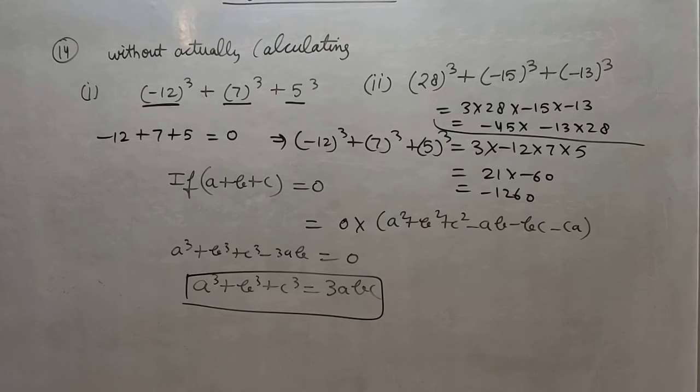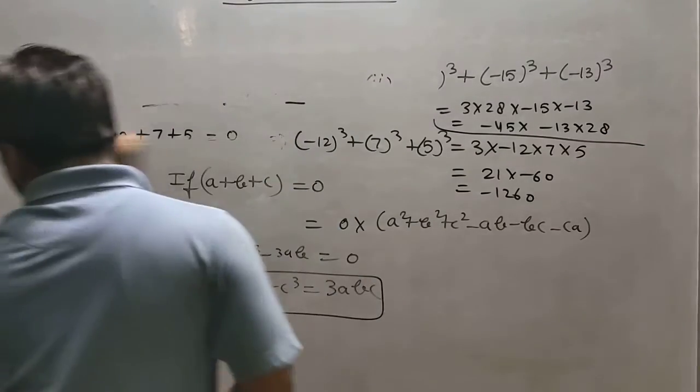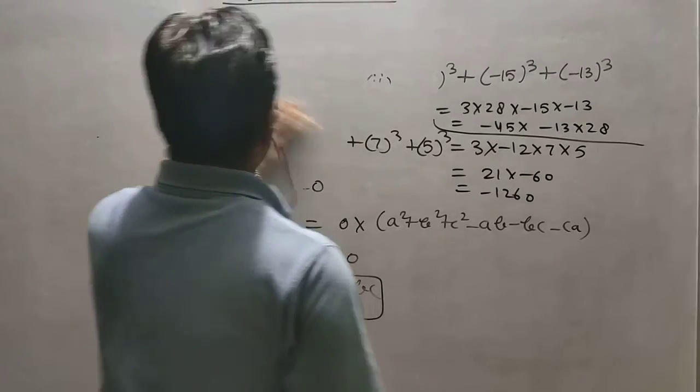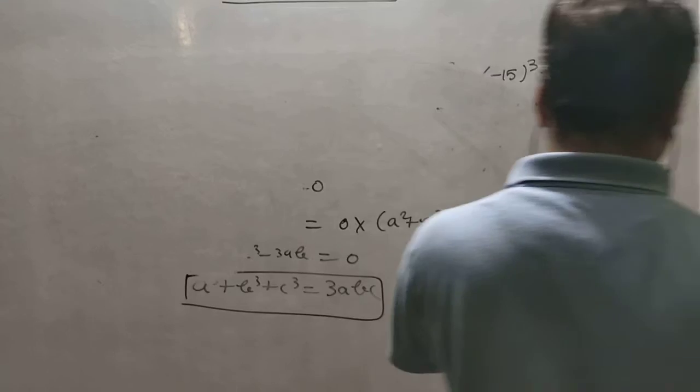Now question number 15. What is question number 15? It is related to giving a possible expression. Give a possible expression. So what are those expressions? We will see.